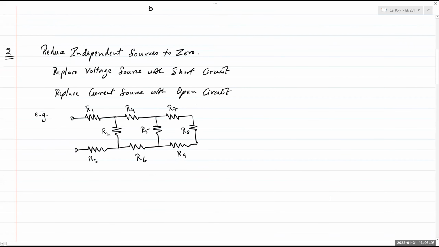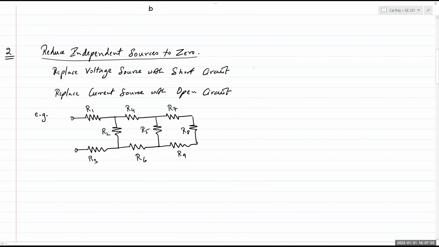And the way we do that is we reduce all independent sources to zero. Replacing or reducing a voltage source to zero means you replace the voltage source with a short circuit and you replace the current source with an open circuit. All right.